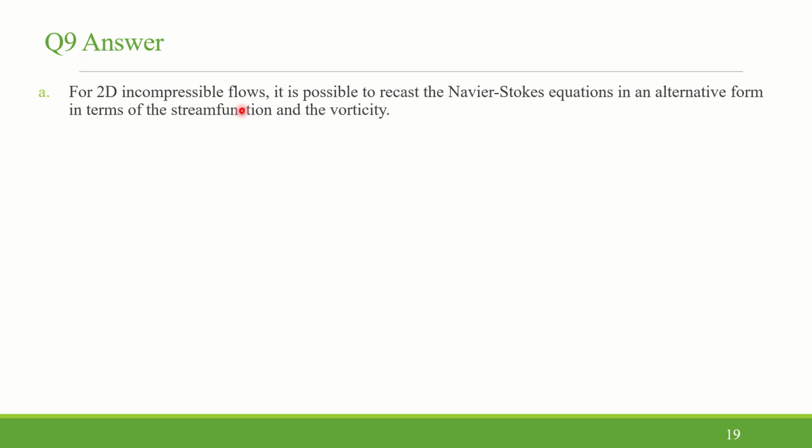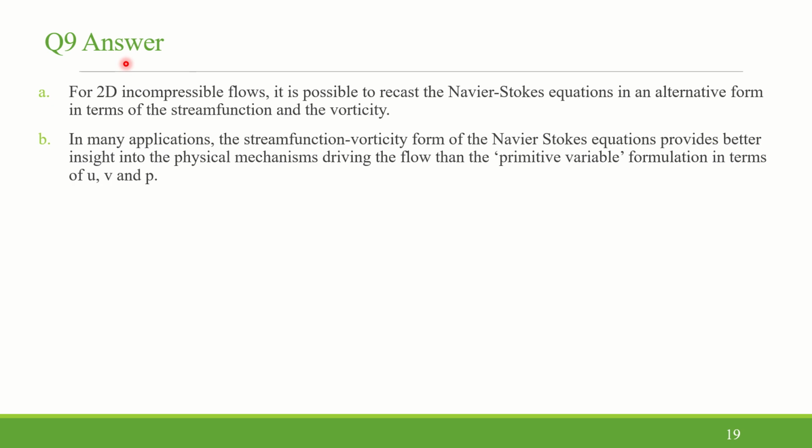So therefore for 2D incompressible flows, it is possible to recast the Navier-Stokes equations in an alternative form in terms of the stream function and the vorticity. So for 2D systems, we are just recasting the Navier-Stokes equations in alternate form by using the stream function and the vorticity variables.